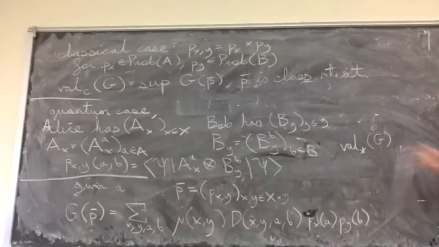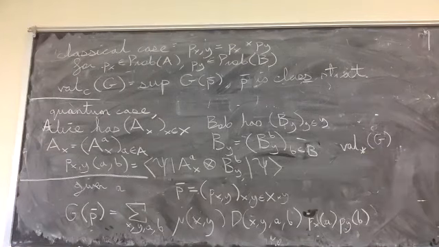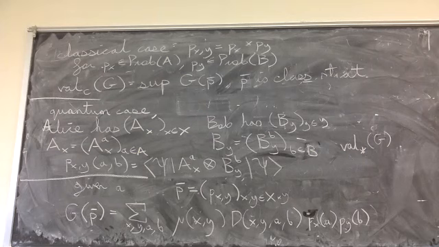You can't use those additional infinite dimensional strategies to raise the value of the game. So the value of the game is already achieved as a supremum of finite dimensional strategies, and even though there are infinite dimensional ones, they're just not helping you for this number. Okay.